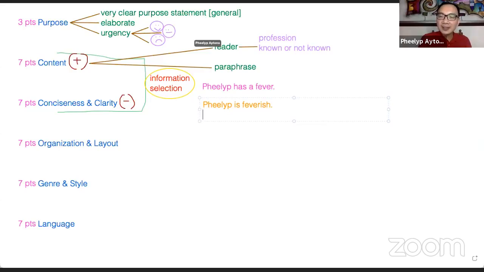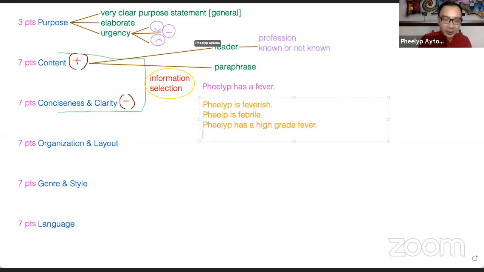Give me sentences. Wrong spelling, Angelica. Sheila: Pheelyp is febrile. Okay. Pheelyp has a high-grade fever. Kev, wrong spelling. Give me complete sentences.